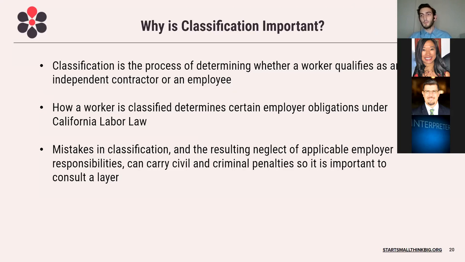This is important because whether somebody is an independent contractor or an employee, especially when they are an employee, creates legal obligations under California labor law.